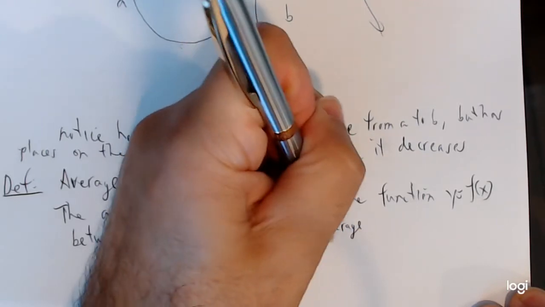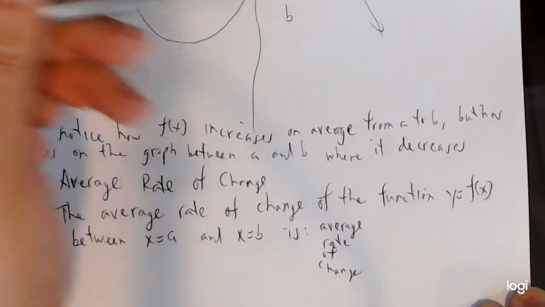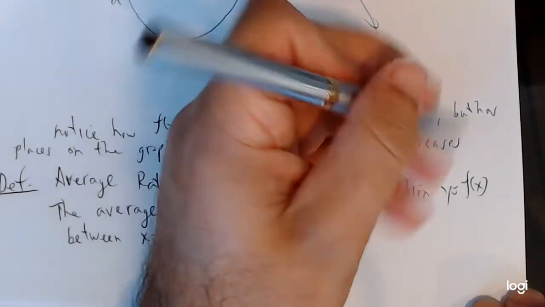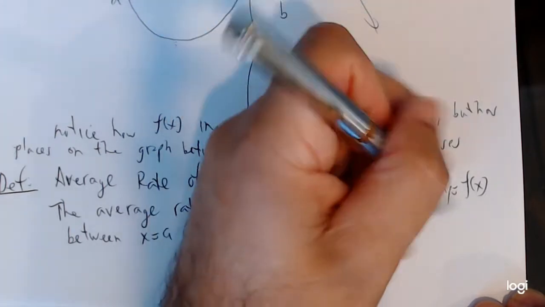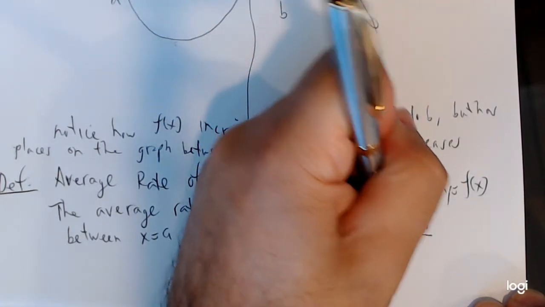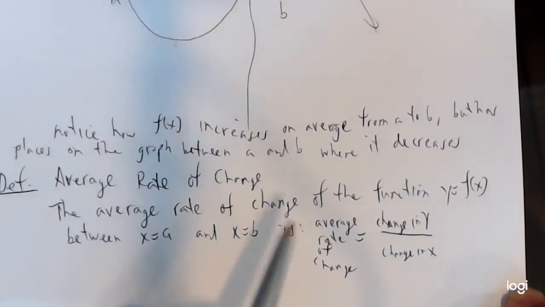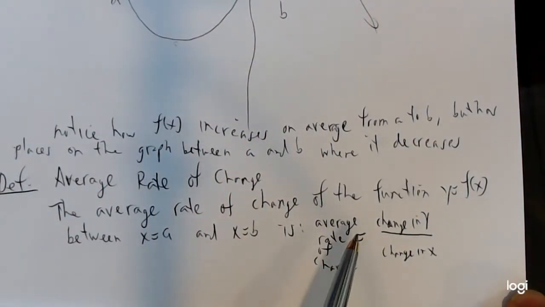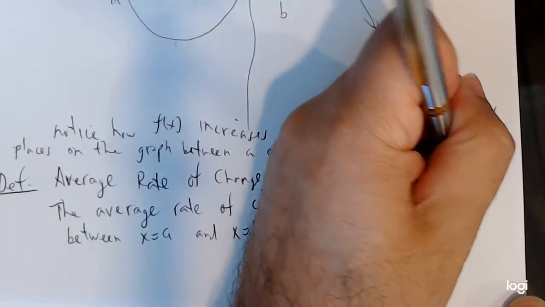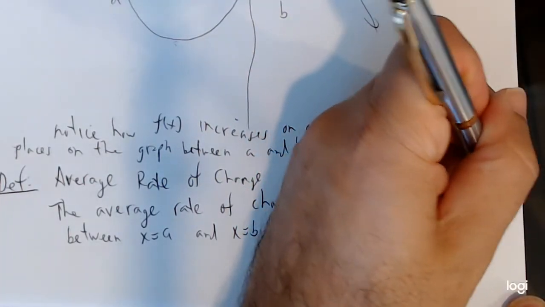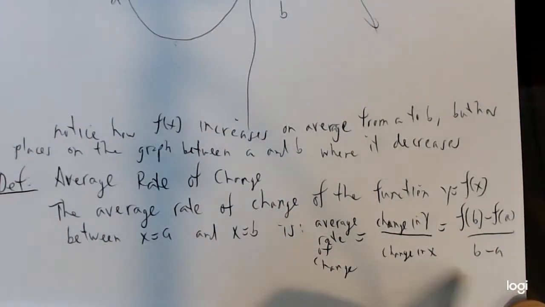Average rate of change equals change in y over change in x, which is just my rise over run. And we learned last year, and I'm sure even before then, how do we find that? That's just f of b minus f of a over b minus a. And that's your formula. This is what you should box.